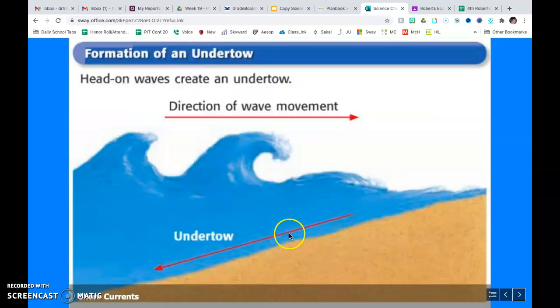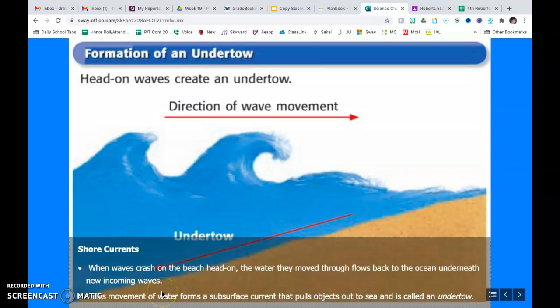This is the undertow that I was talking about. Head-on waves create an undertow. You've got this massive amount of energy coming in and breaking, and then it's being pulled back out. That is the undertow. That's why you feel your feet, if you've been to the beach, kind of sinking in the sand.